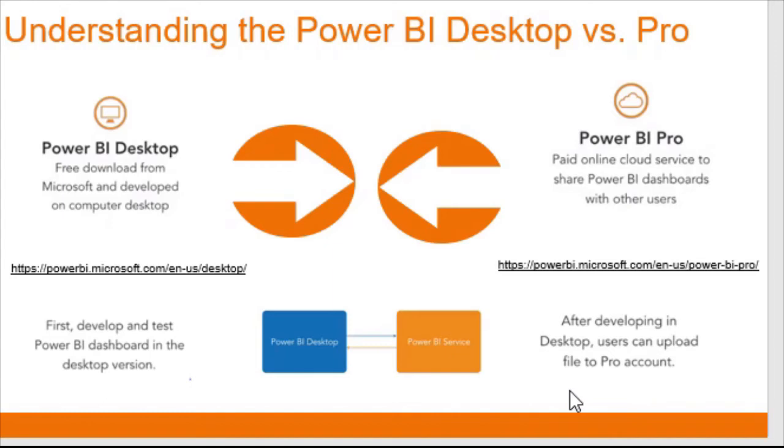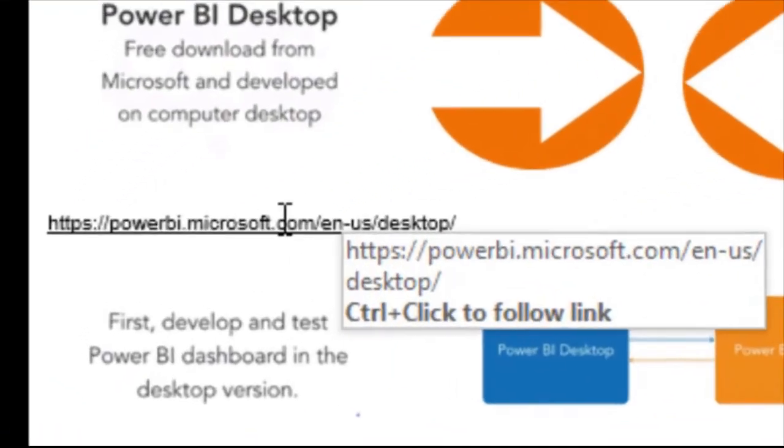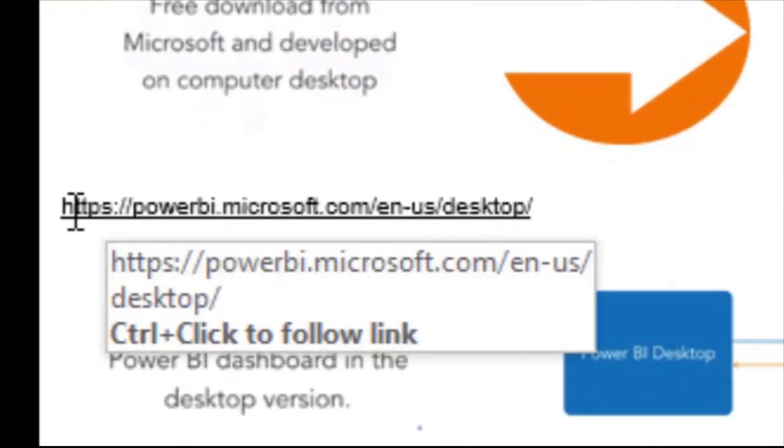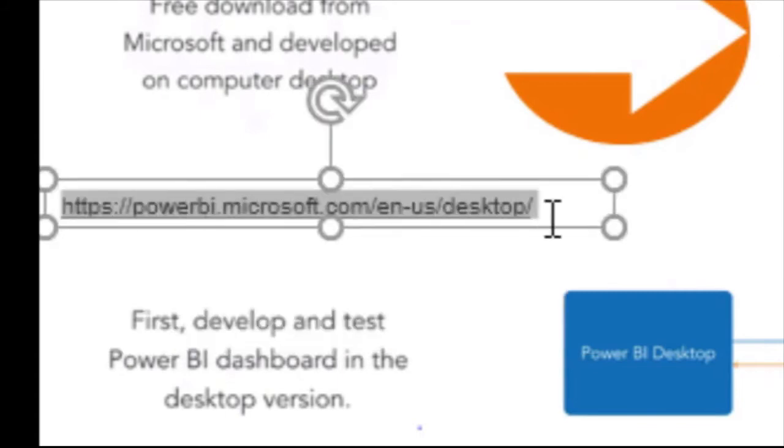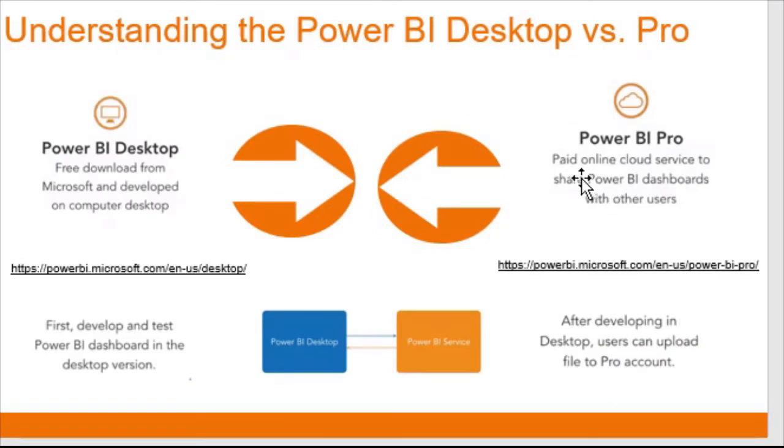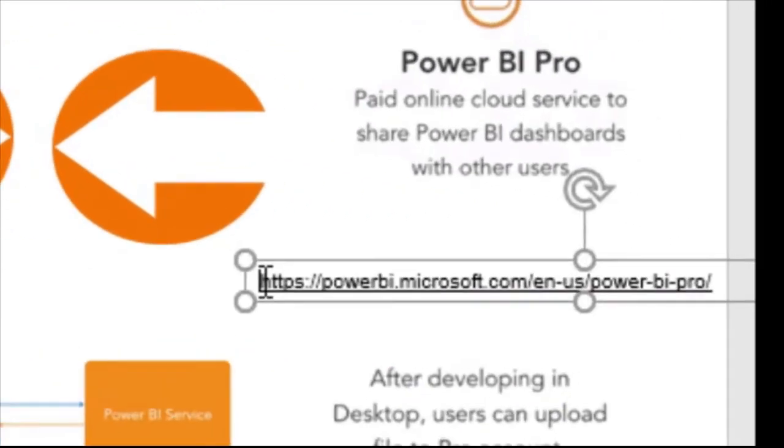So now we will deep dive into desktop versus Pro. We already discussed Power BI Desktop is free software which you can download from this URL. Power BI Pro is a paid online cloud service which shares Power BI dashboards with other users, which you can check on this particular URL.